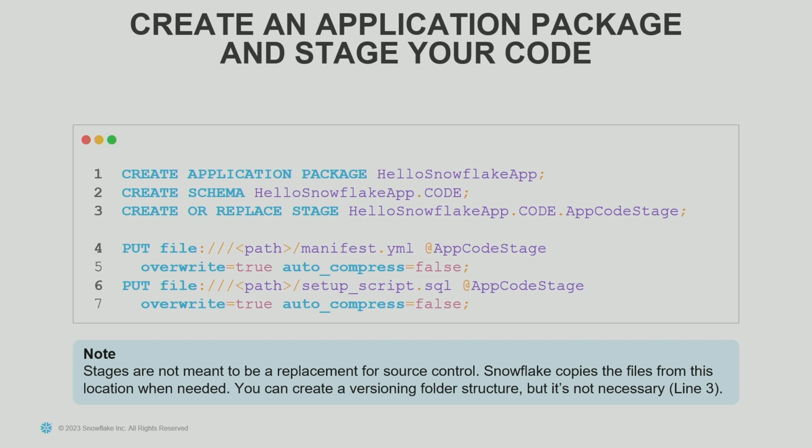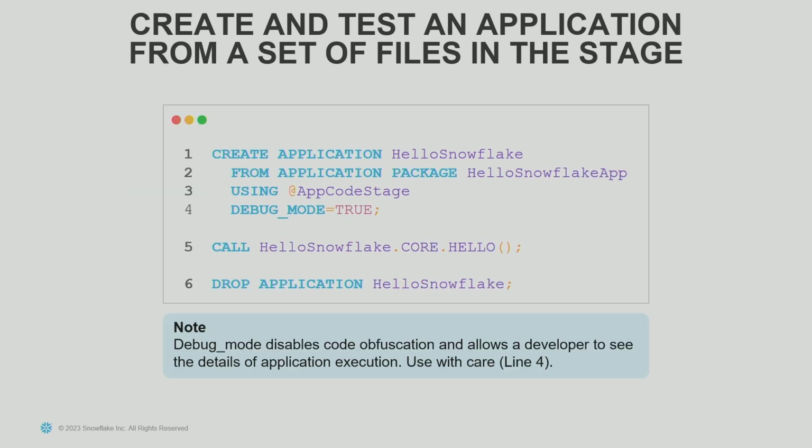So think of this as code staging, not the live code that your application runs off of. This is a staging step to compile your application, and you can see there that we're running the put statements to do that. I'll show you a different way during the demo.